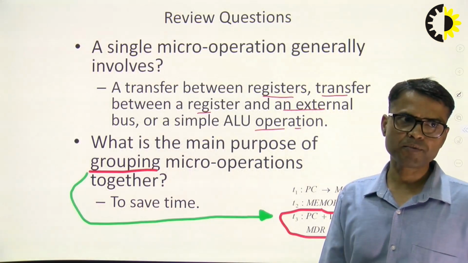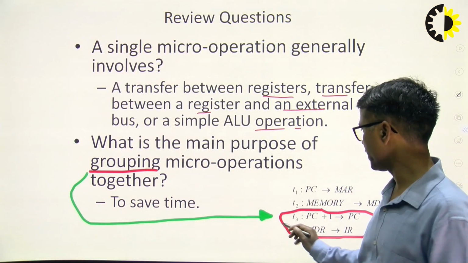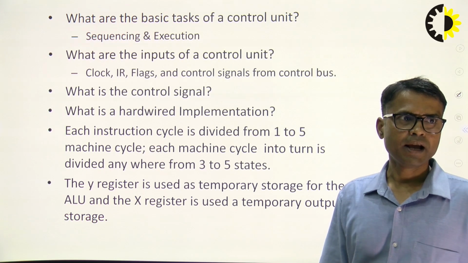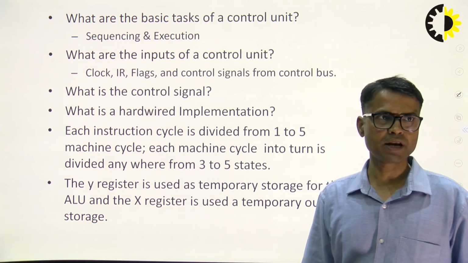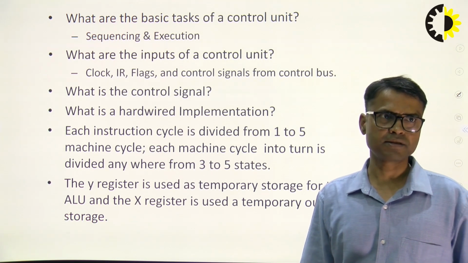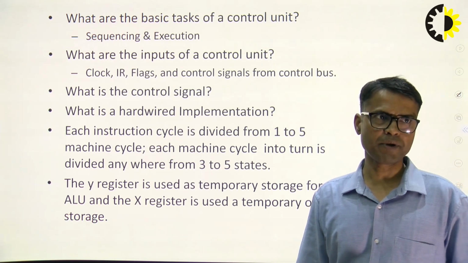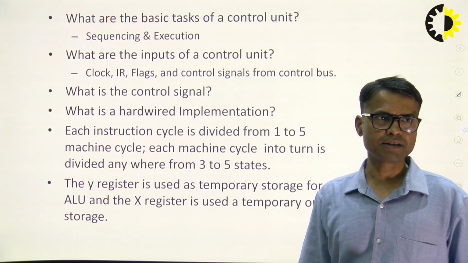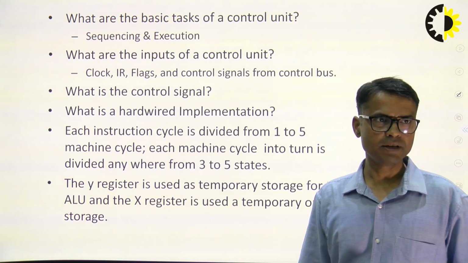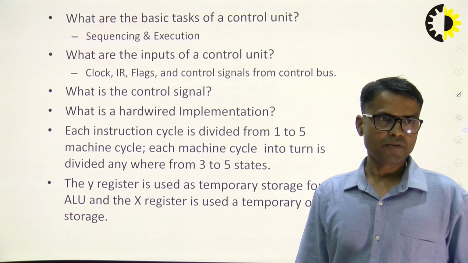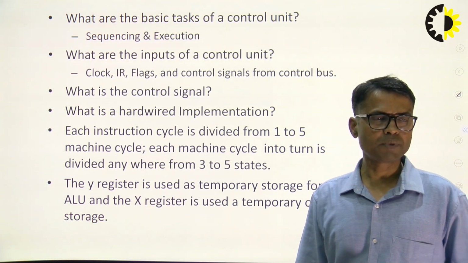Can we group micro-operations? Yes, we can group them logically. We can also have various implicated questions related to the flags and the hardware implementation, how many cycles are there, and whether the cycles are variable. Yes. So practice these questions for this particular topic.